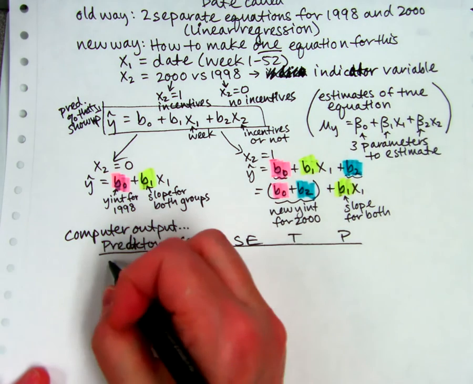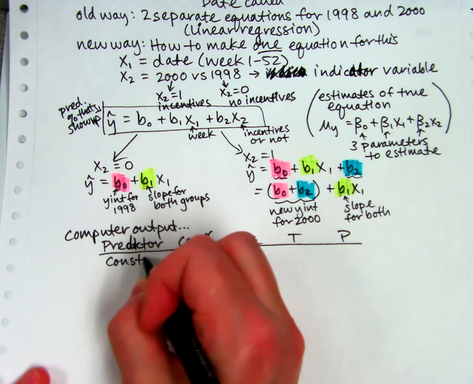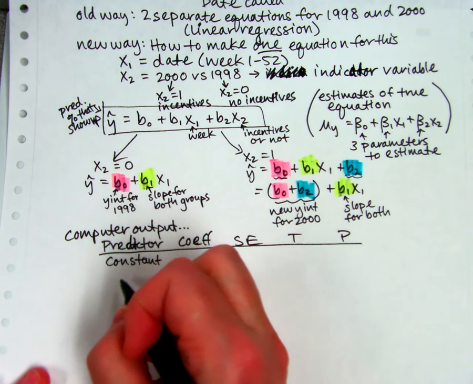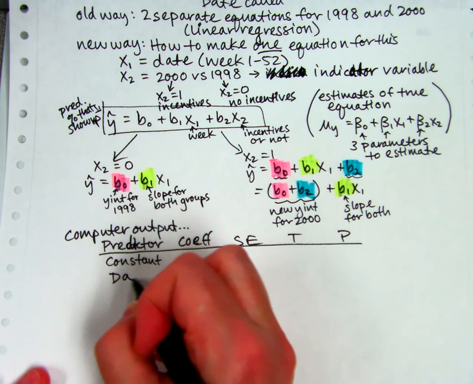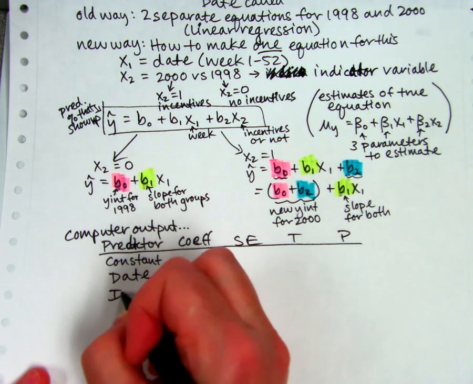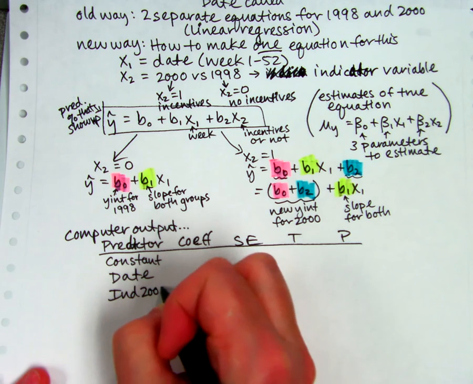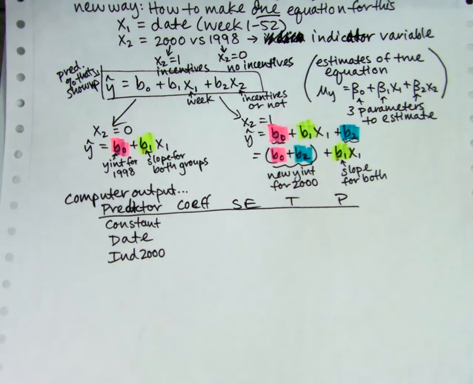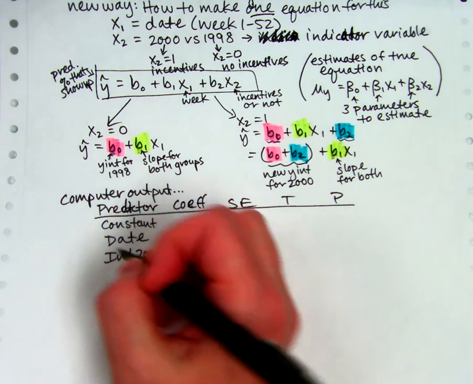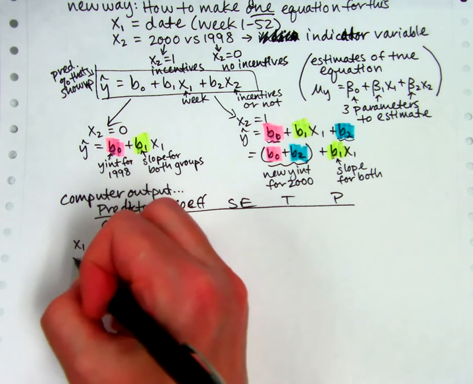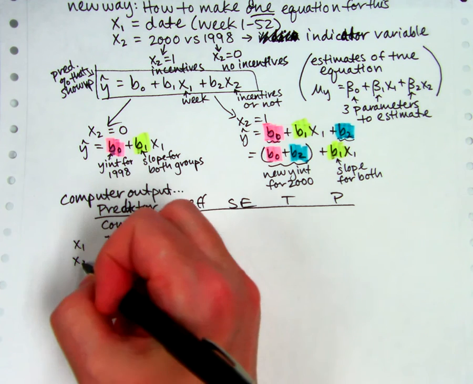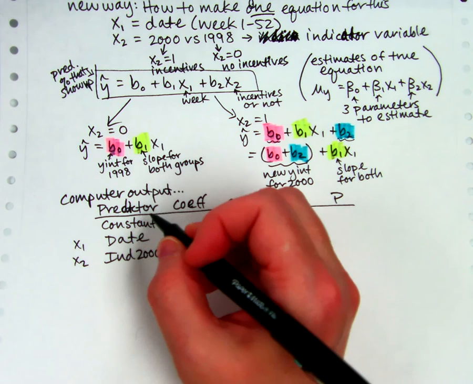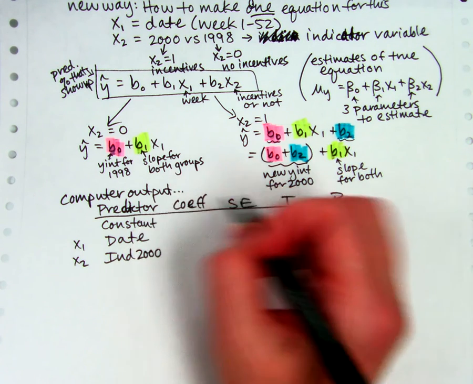We're mostly going to say there's always a constant, and then there's the date, and then there's the indicator of whether it was 2000 or not, and the computer output says in 2000 for our indicator variable. This is basically x1 and x2, and our y-intercept. This is our actual y-intercept for the first data set.